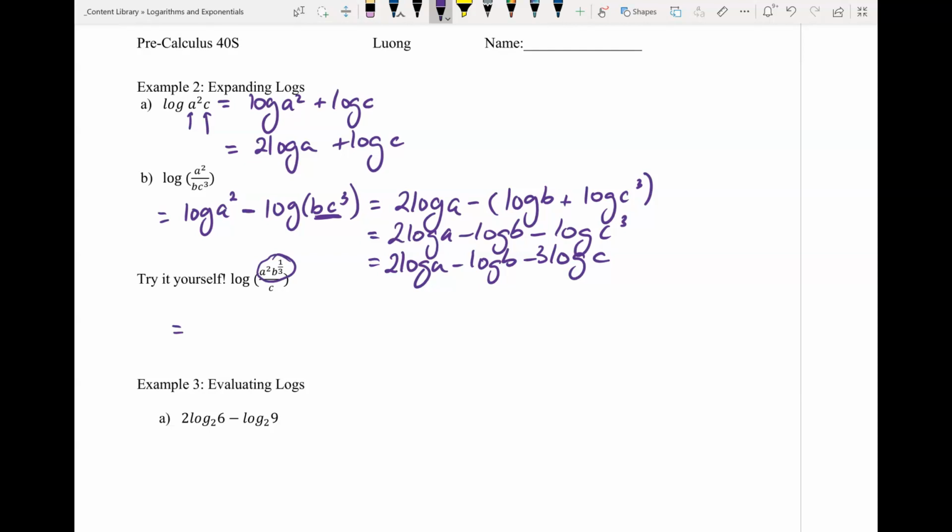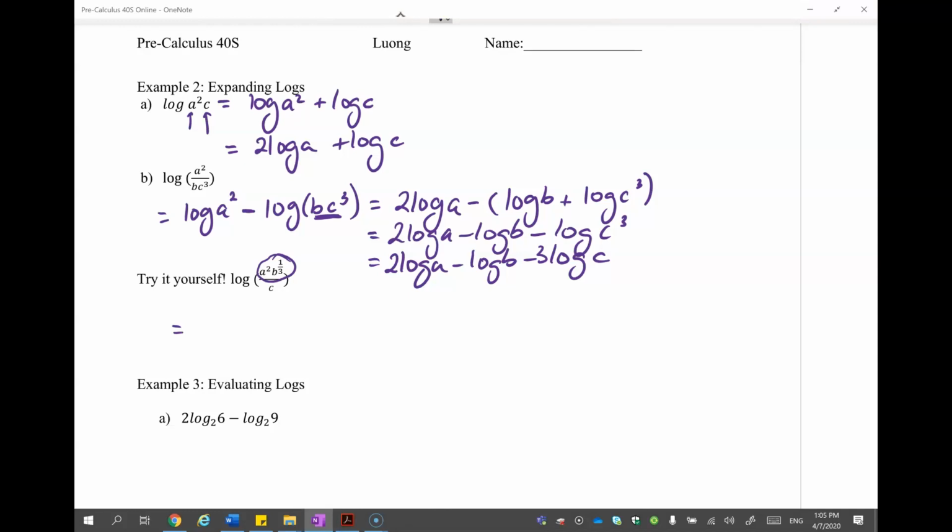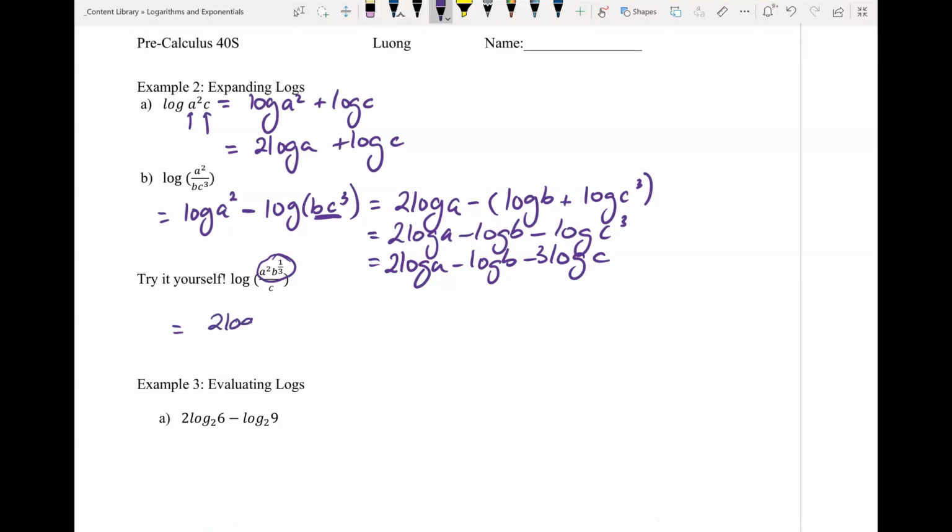And because we have powers, I can also use our power law at the same time. So we have 2 log a for the very first part of it, plus, because we're multiplying this a squared and b to the power of 1/3, we have this 1/3, so I'm going to move this to the front because this is an exponent.